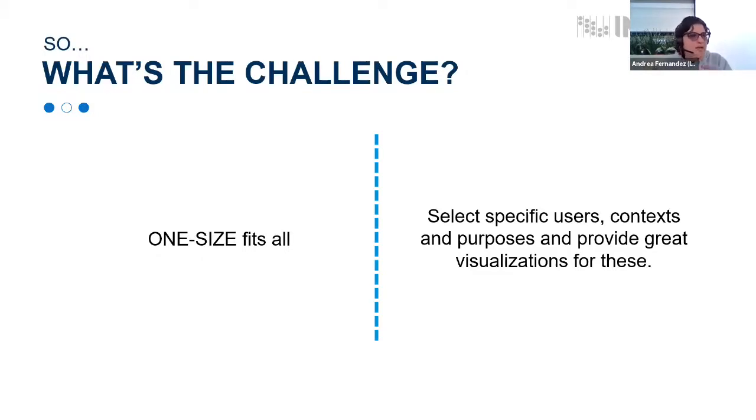On the other side of the spectrum, we have been selecting specific users, contexts, and purposes, and have tried to guide them and create stories that have purpose and that mix data sets that are particularly useful for a specific context. For example, we have a great publication that uses all of the data in governance statistics and brings policymakers a great overview of what's going on within Mexico and all of its regions.